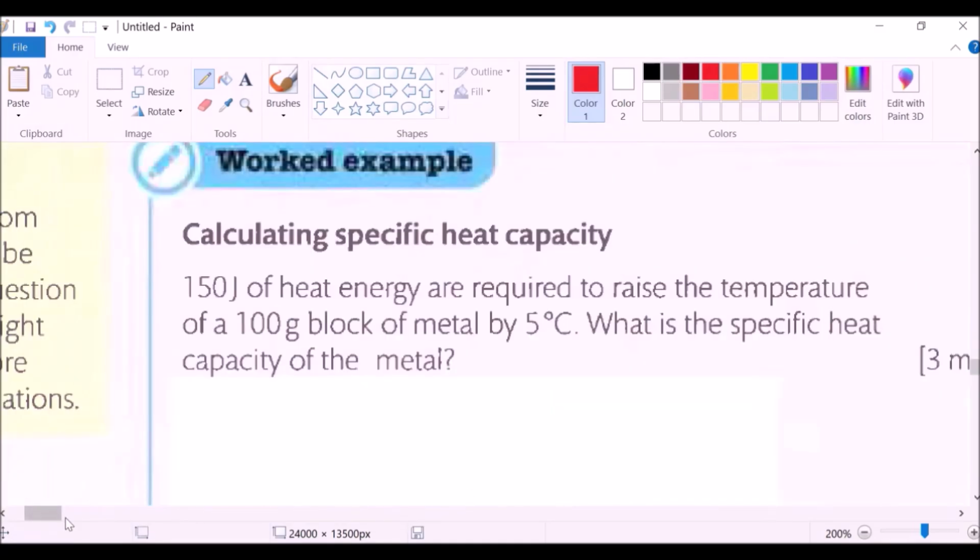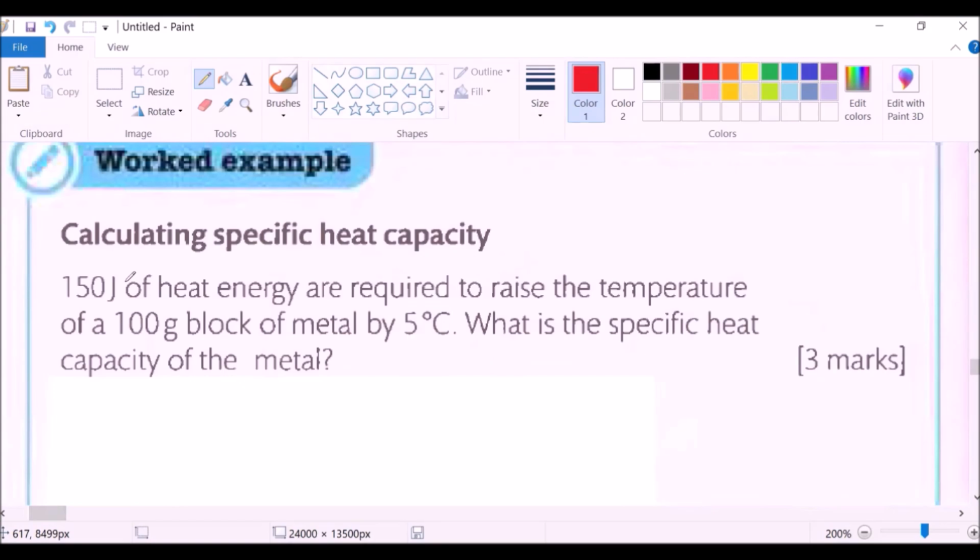Let's apply that in this question. Here we are calculating specific heat capacity. 150 joules of heat energy are required to raise the temperature of a 100-gram block of metal by 5 degrees. What is the specific heat capacity of the metal?